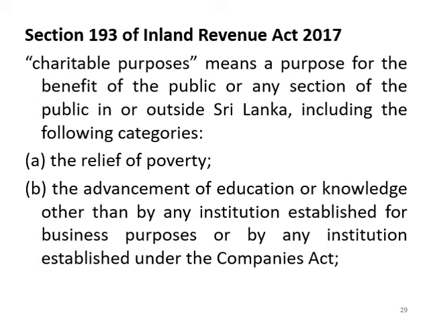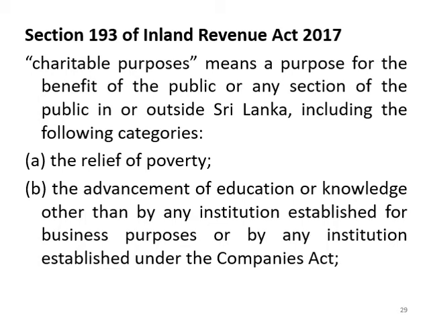Including the following categories. When you read this section very carefully, in both the Trusts Ordinance as well as the Inland Revenue Act 2017, the charitable trust includes. That means there are some more matters that can be put into the charitable trust, because a charitable trust includes these things.